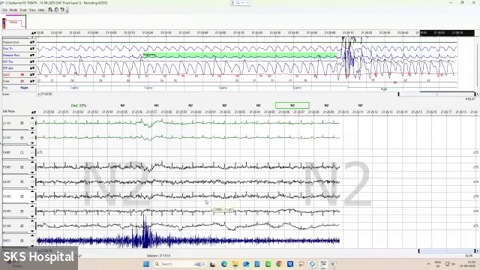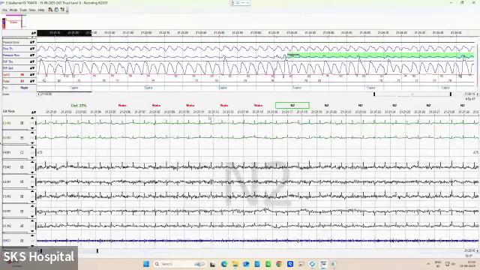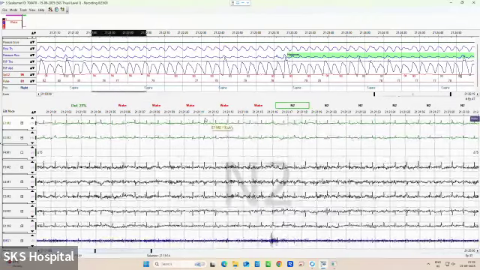Still the patient has not slept. The patient is still in wake stage only. These are all wrongly scored by the machine as N2, N1.